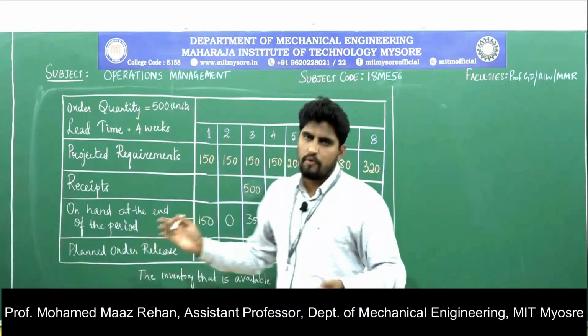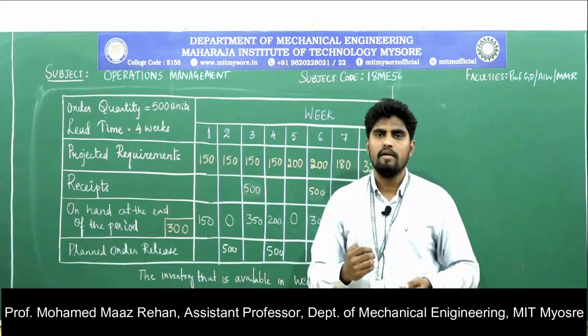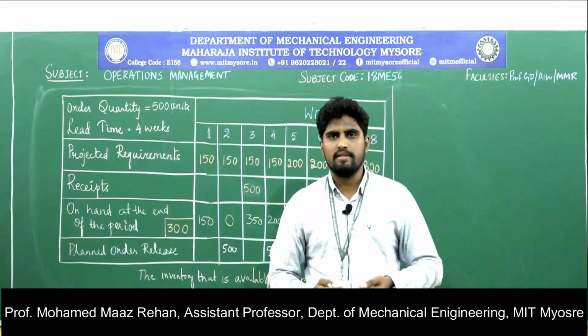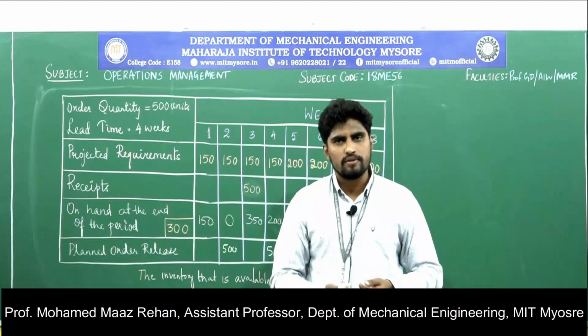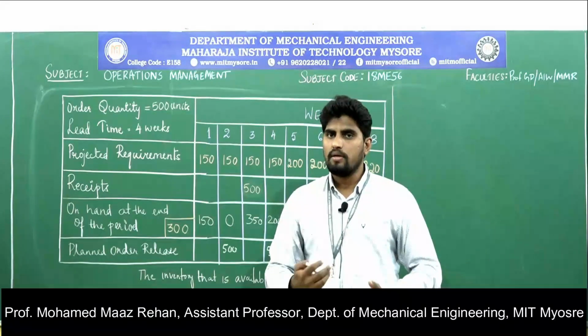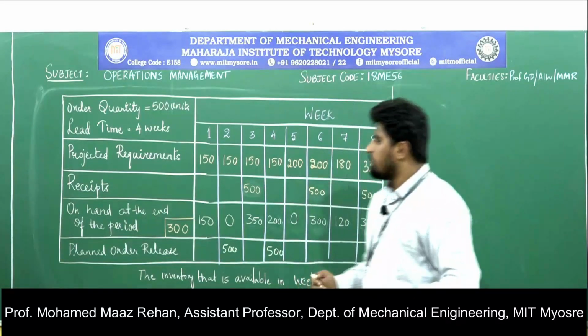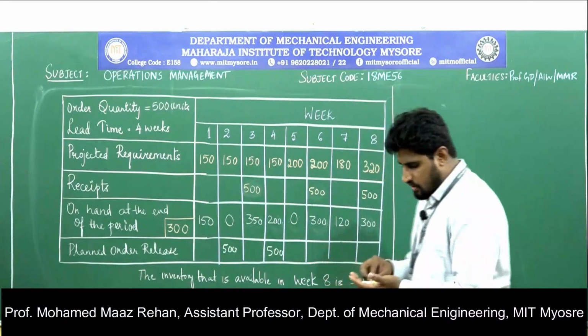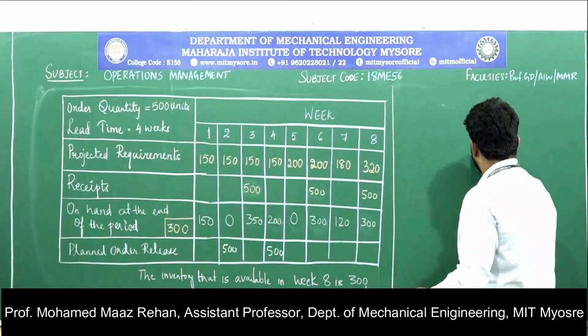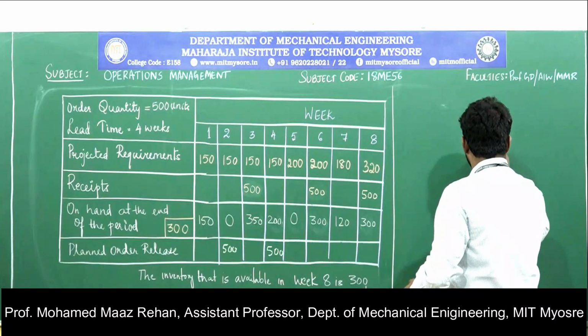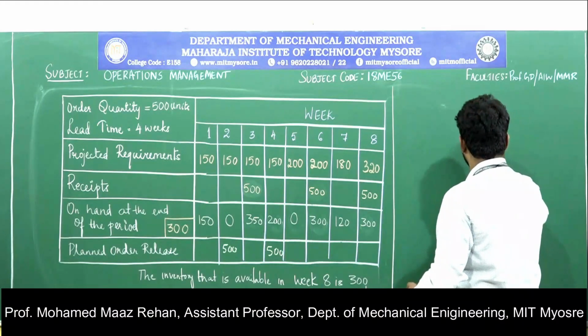This is the output that has been generated from MRP, that is material requirement planning. In the previous lectures we discussed the various inputs to MRP. So what will be the outputs of MRP? We shall discuss that now.